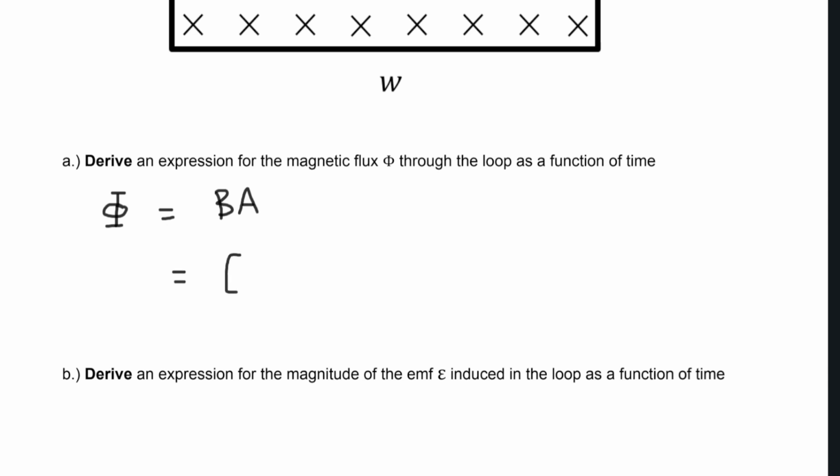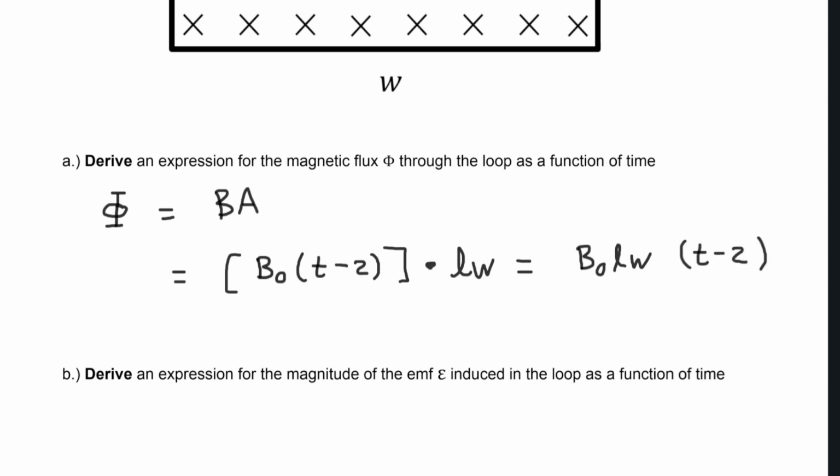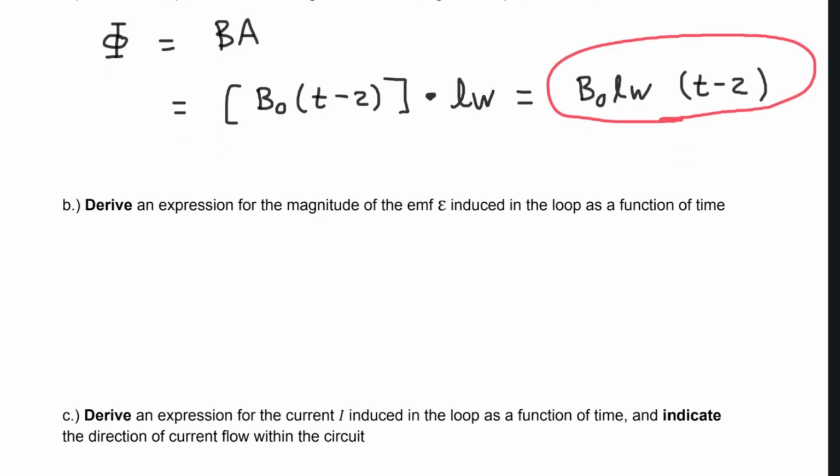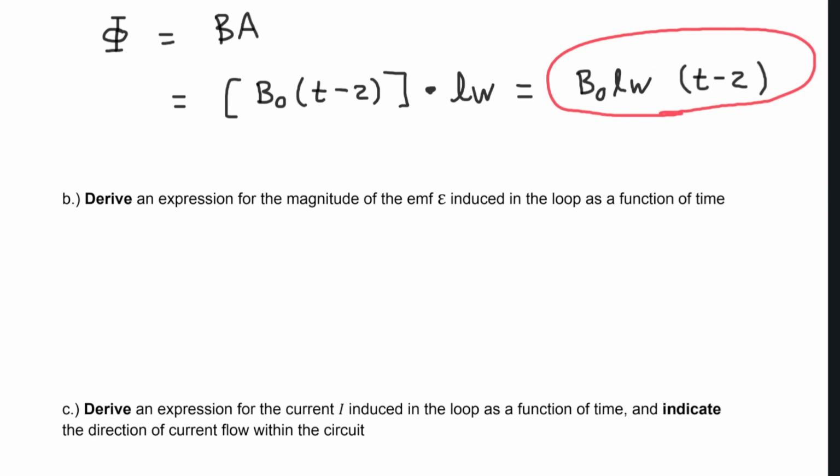And in this problem, the magnetic field was given by B0 times t minus 2 times the area, which would be L times W. So we get B0 LW times t minus 2. And we'll say magnitude of the magnetic flux, because sometimes it's not clearly defined what direction should be positive and negative. So we'll say magnitude.